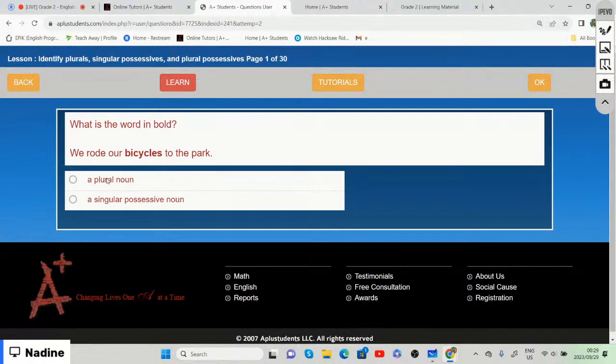We rode our bicycles to the park, so this has no apostrophe. And remember, we said that if there is no apostrophe, then it's basically just a plural noun. It just shows that it is more than one. It is not a possessive at all because there's no apostrophe. It doesn't show that it belongs to me, or ownership of something. So just bicycles. It's plural, it's more than one.